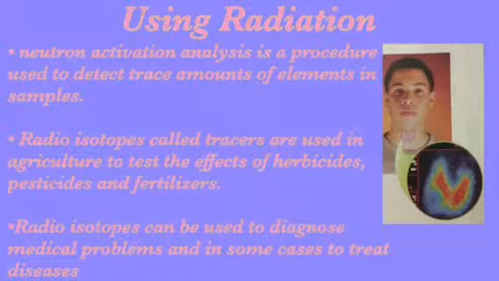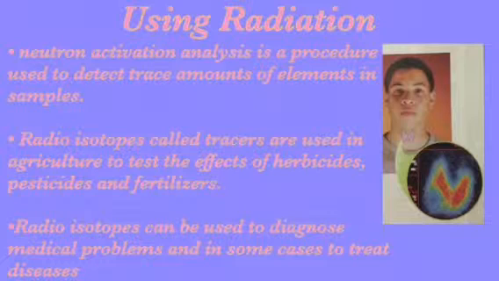Although radiation can be harmful, it can be used safely and is important in many scientific procedures. The thyroid gland extracts iodide ions from the bloodstream and uses them to make the hormone thyroxine. To diagnose thyroid disease, the patient is given a drink containing a small amount of the radioisotope.